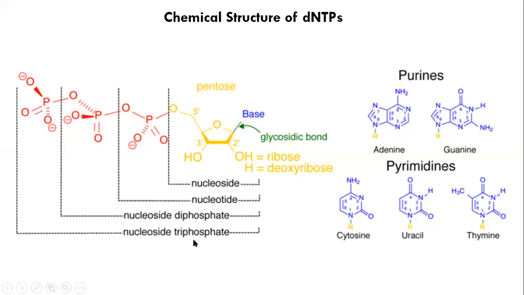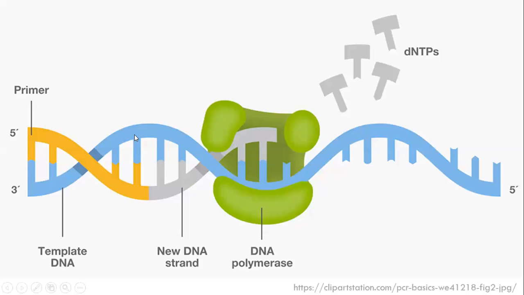So the nucleoside triphosphate, or nucleotide triphosphate, we call the deoxyribonucleotide. And then the base here changes, with the purines and pyrimidines. Purines are adenine and guanine. Pyrimidines are cytosine, uracil, and thymine. Okay, it's clear. You should be able to understand it better and go through the slides at a slower pace with better understanding.